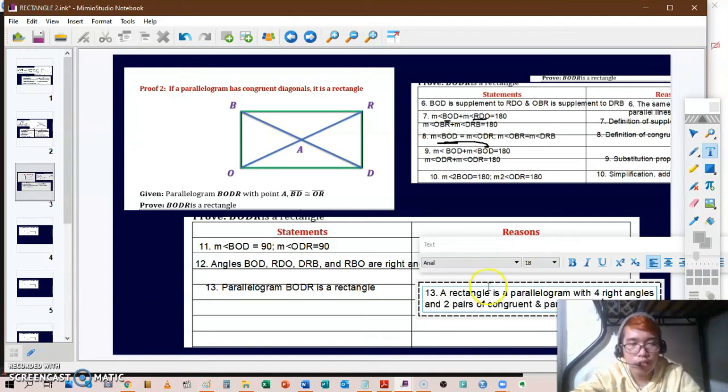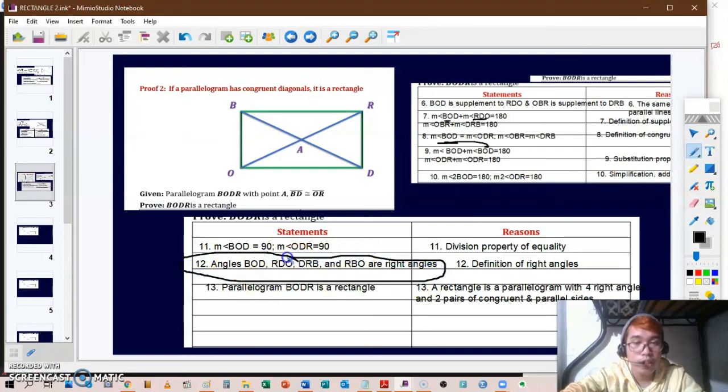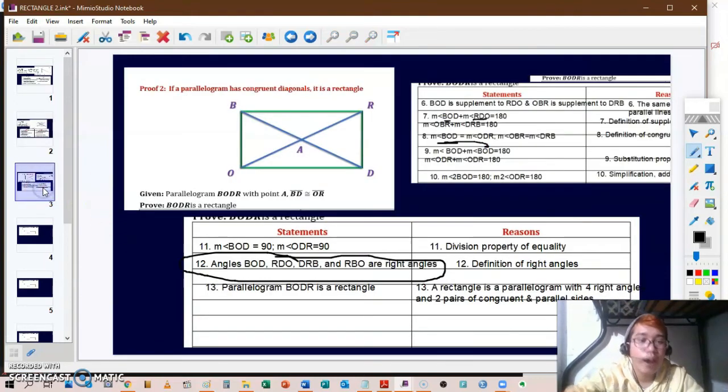We've seen from our proof that there are 4 right angles here. This parallelogram, which is a rectangle, has 4 right angles, the opposite sides are congruent, and its diagonals are congruent based from the given, and therefore the parallelogram BODR is a rectangle. And we finish our proof here.